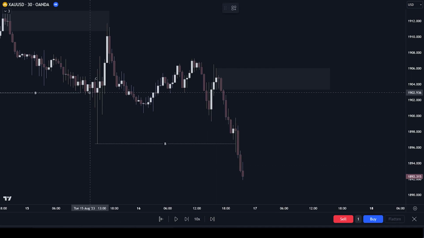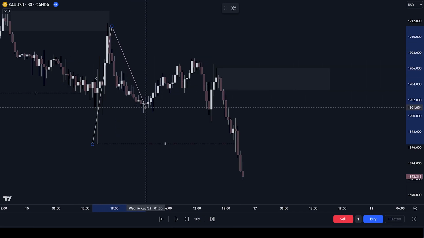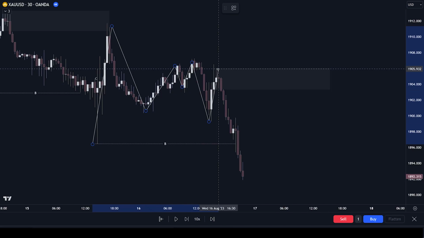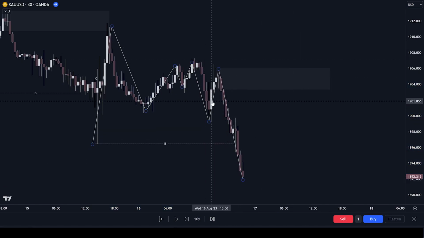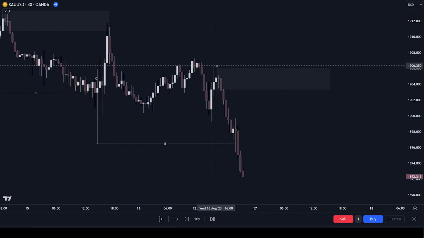If we check this leg, we don't have any impulsive move that breaks the market structure over here. We are still in an internal structure, and as we can see, price decided to make an impulsive move from that high here. So our order block will be the last up candle before the move to the downside.